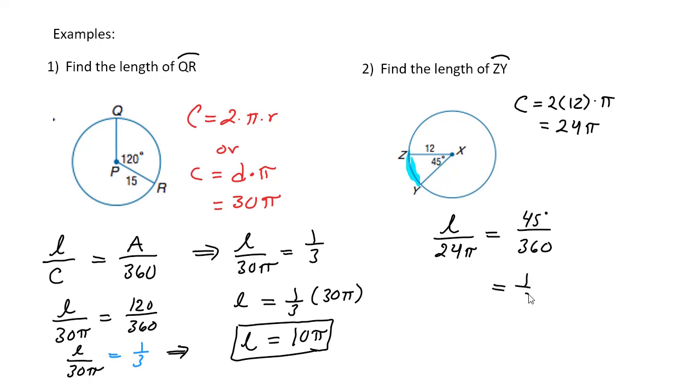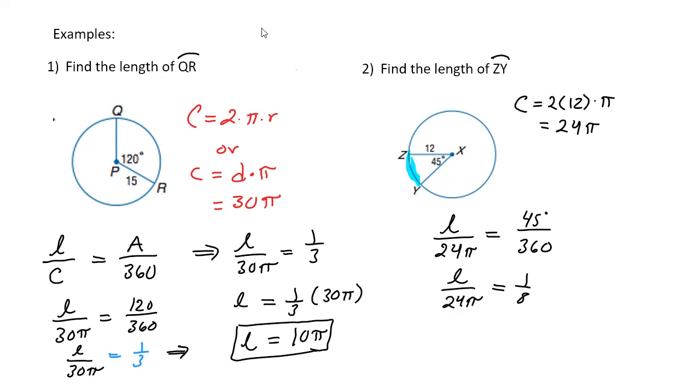So what we're saying is that 45 degrees is 1/8 of the entire circle. So it should make sense that the arc length should also be 1/8 of the entire circle. When I solve for the length, I'll have this expression: length divided by 24 pi equals 1/8.